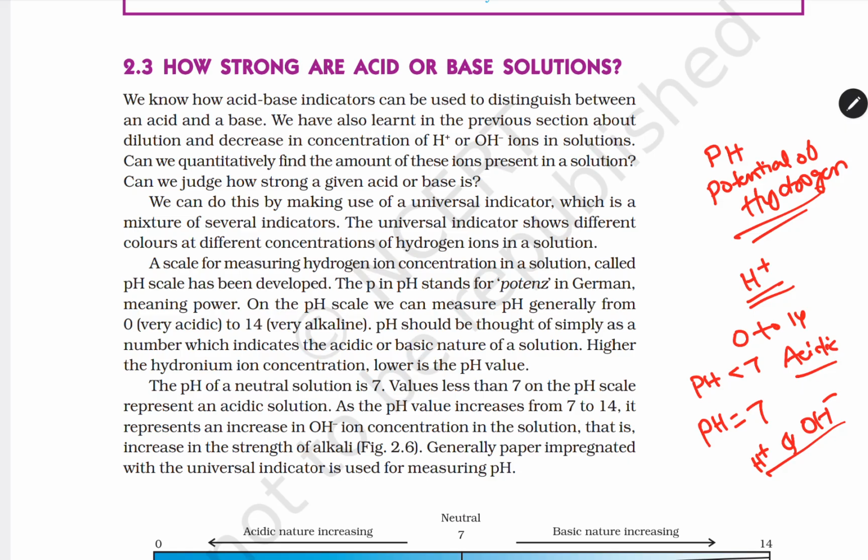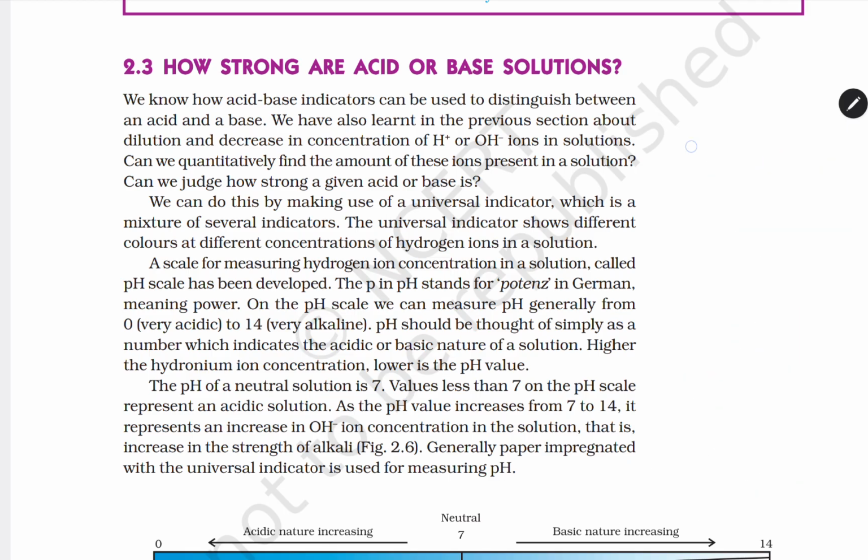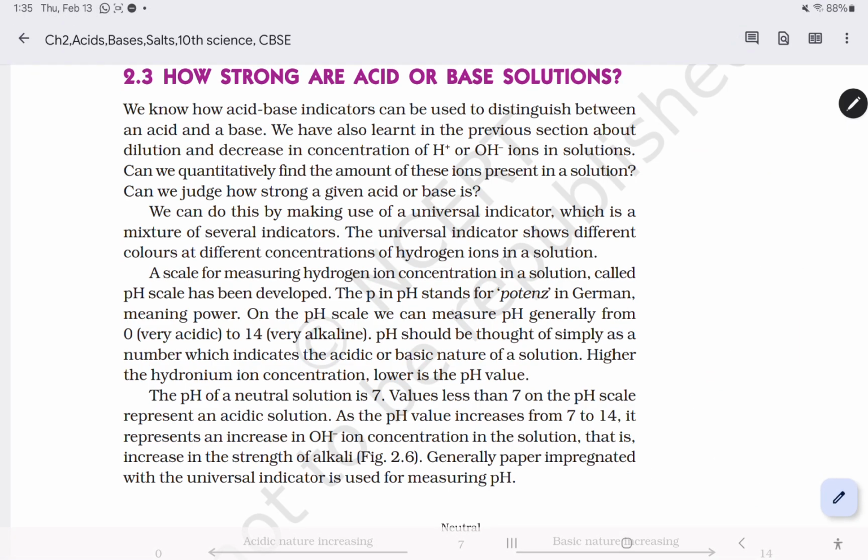If pH is greater than 7, then it is basic or alkaline in nature, with a higher concentration of OH- ions. The formula for the pH value is pH equal to minus logarithm of H+ ion concentration. This formula is used in the calculation of pH values.